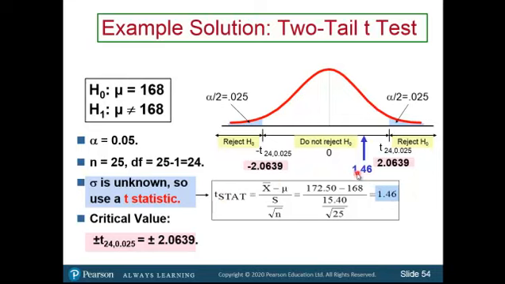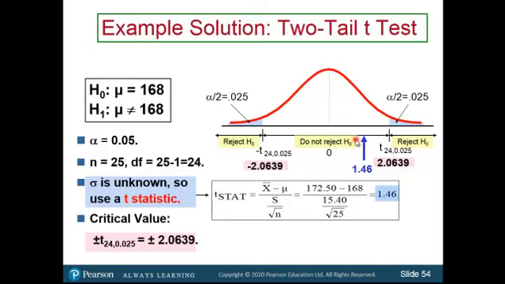Then we look at the location of this 1.46 in this distribution. It falls in the non-rejection area. So 1.46 is less than the critical value 2.0639, so it is in the non-rejection area.